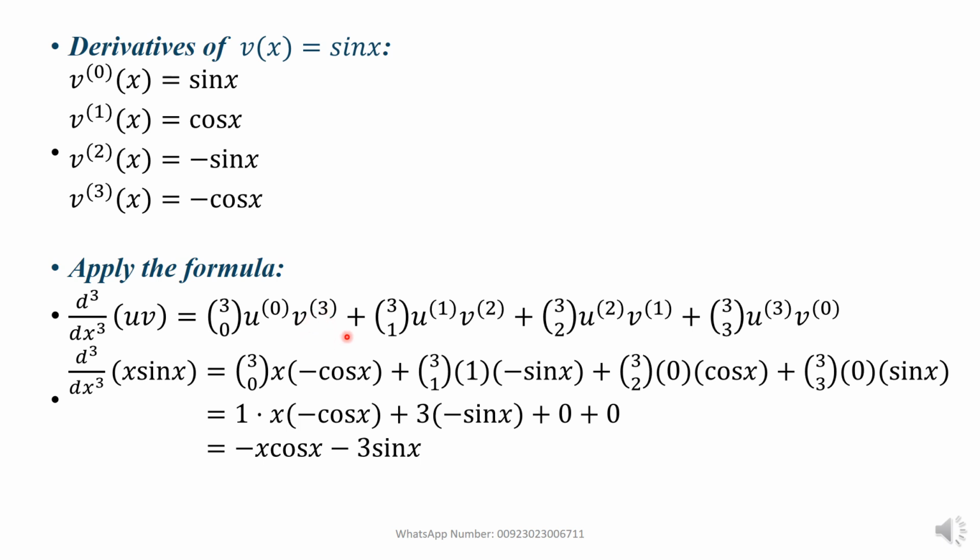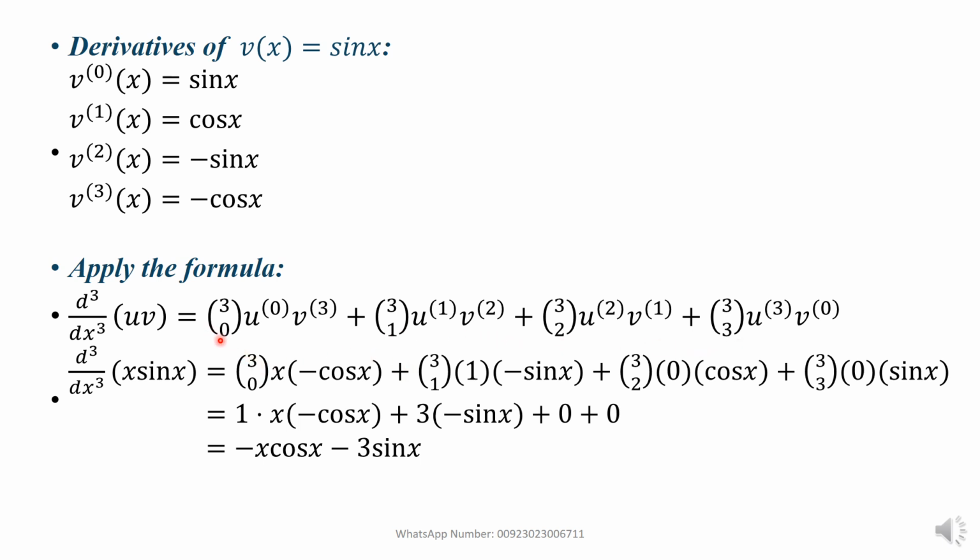Now plus sign. The second time we start with 1, u1 and v2, plus C(3,2). You can see here, if we start from 0 through 3, then we convert all values 0, 1, 2 and 3.